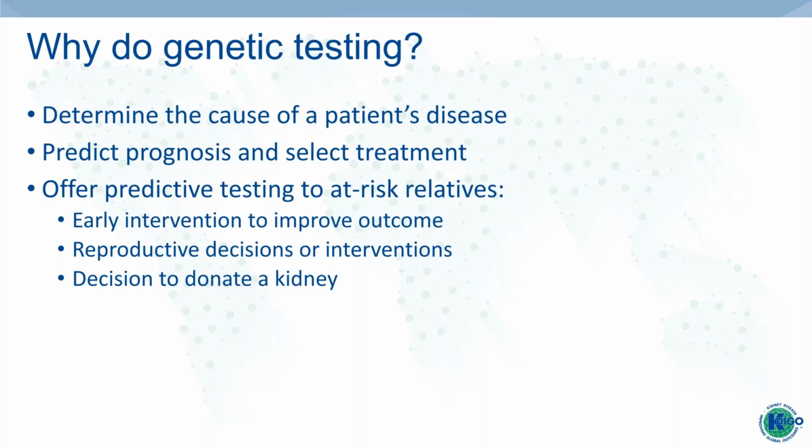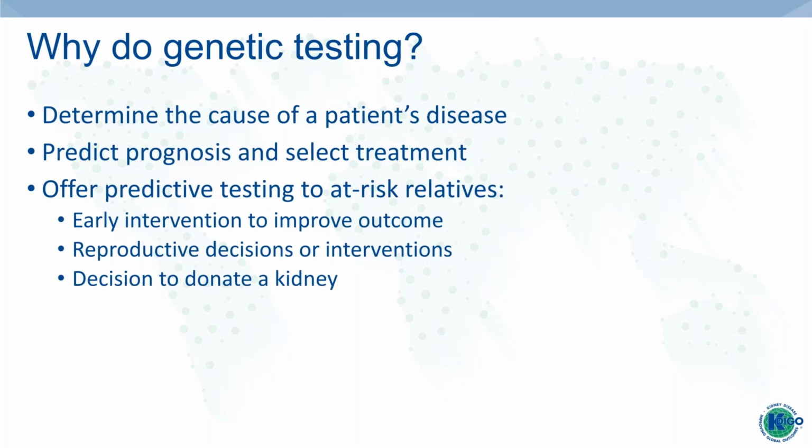There are several reasons why this is advantageous. There's determining the cause of a patient's disease to give an answer to the question of why they've got, in this case, kidney disease, to predict prognosis and select treatment. So genetics can sometimes tell us which treatment will or won't be of benefit. And third is the facility to offer predictive testing to at-risk relatives. This might allow early intervention to improve outcomes.